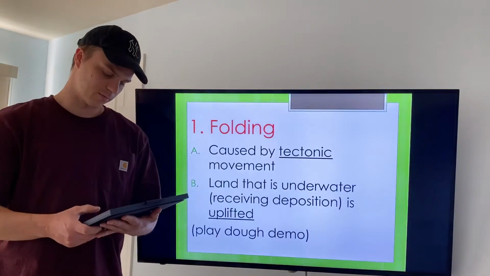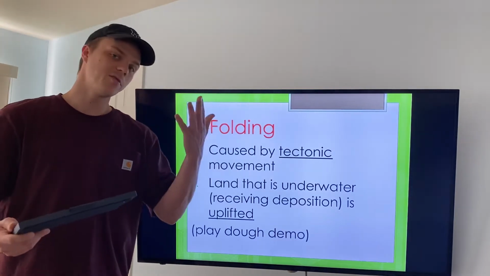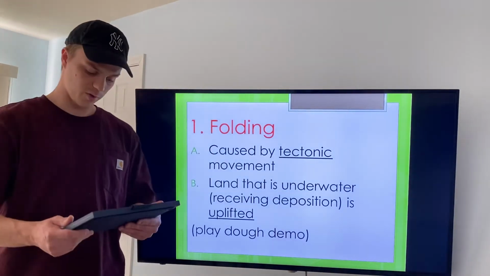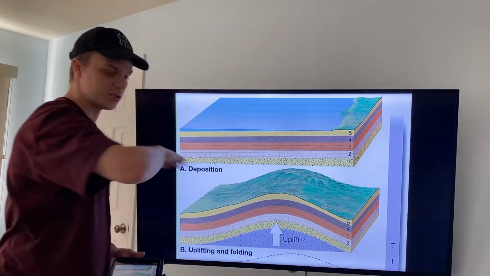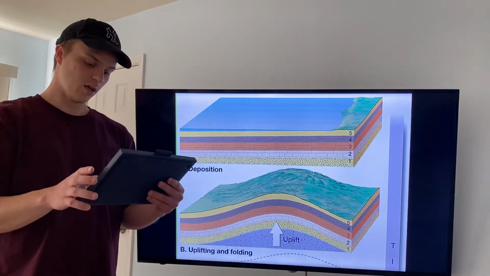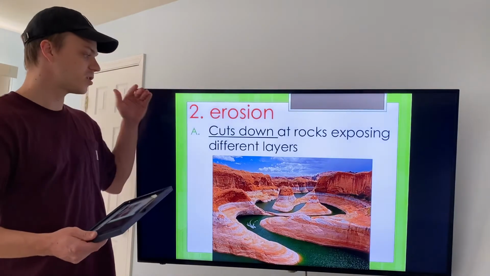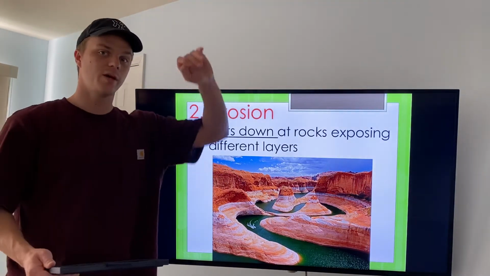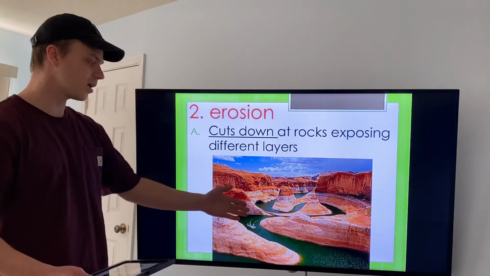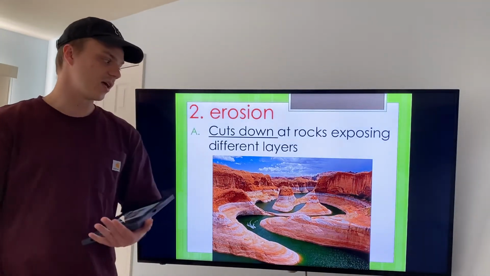It's really annoying. Okay, so your options for the Nearpod are going to be folding, which is just going to be the idea that we have rocks that are not perfectly straight across. We're going to have erosion, which just means that land has been cut away or pulled away or washed away or dug away, right? Anything that deals with land that isn't there anymore.